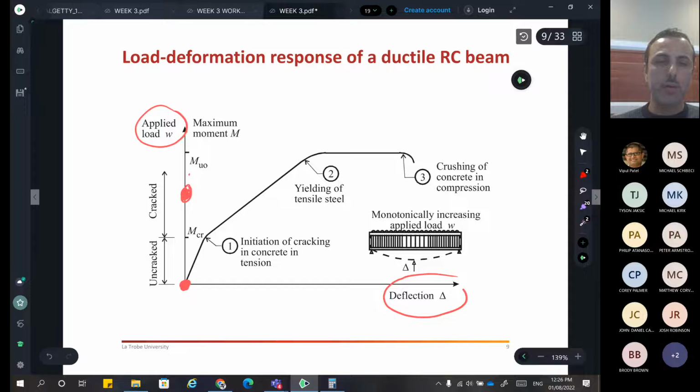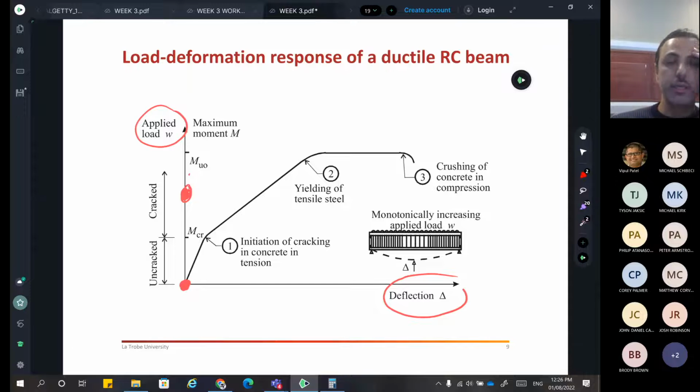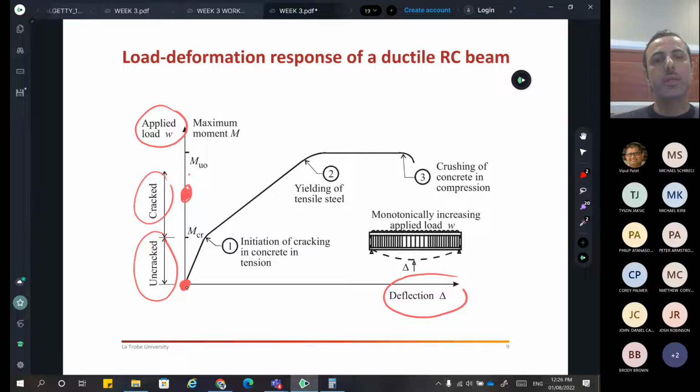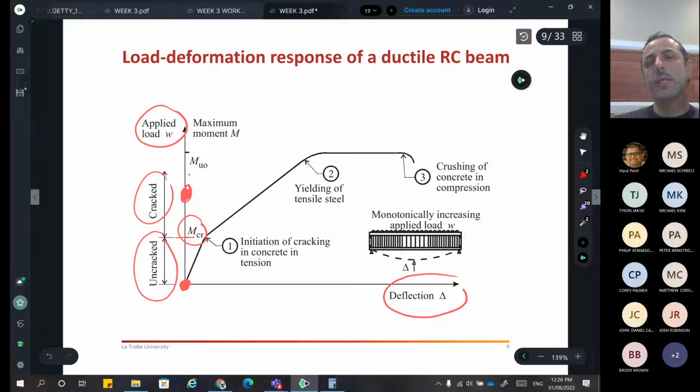Now, I didn't mention an important point here. You need to understand that concrete has two main phases in terms of cracking: number one, the uncracked phase, then the cracked phase. The uncracked phase is from the day the slab is born, or you actually pour the slab, until you load it to what we call M_cr. M_cr is the cracking moment.